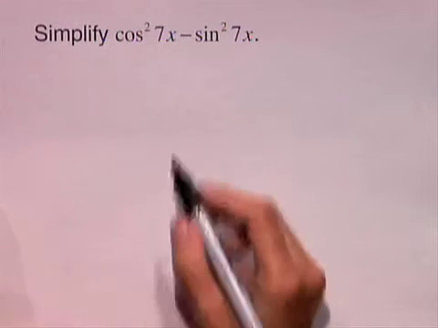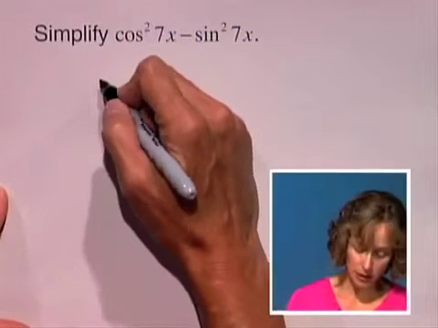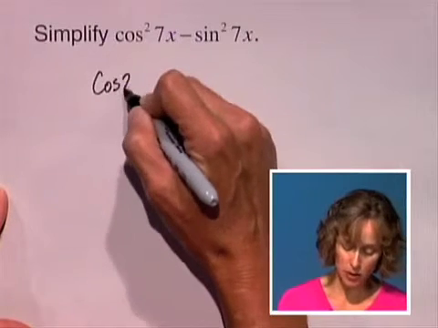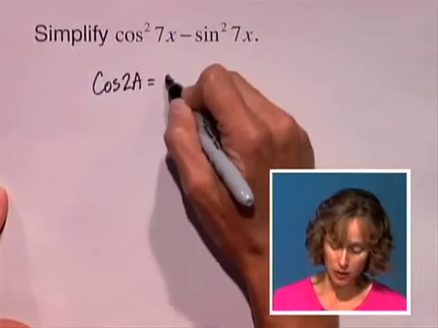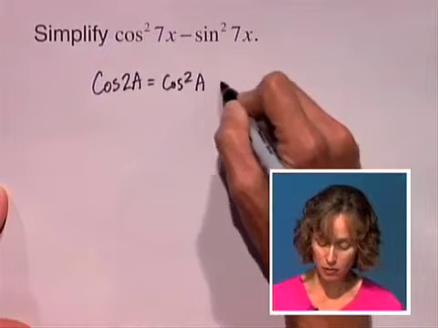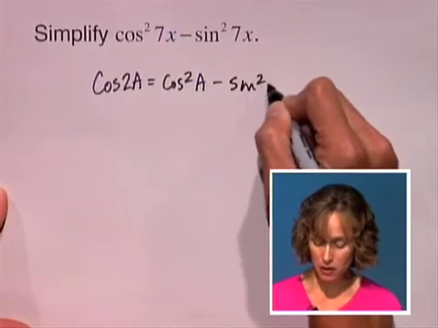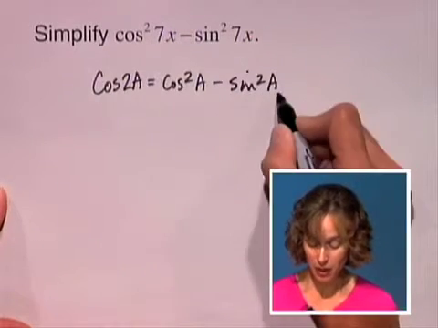Let's work with some double angle identities. We want to simplify cosine squared of 7x minus sine squared of 7x. We have this cosine double angle identity that says cosine of twice an angle is cosine squared of that minus sine squared of that same angle.